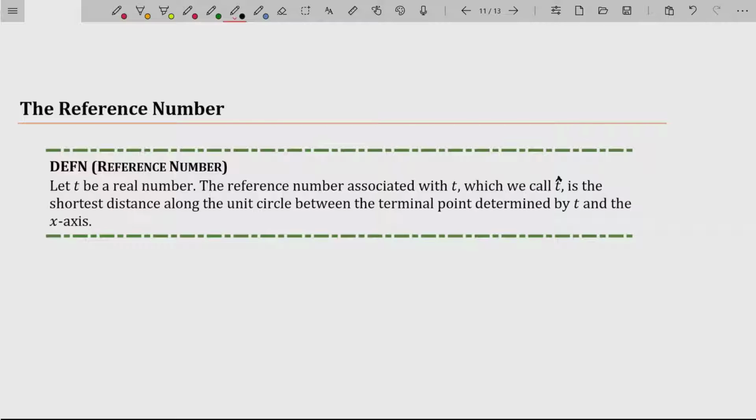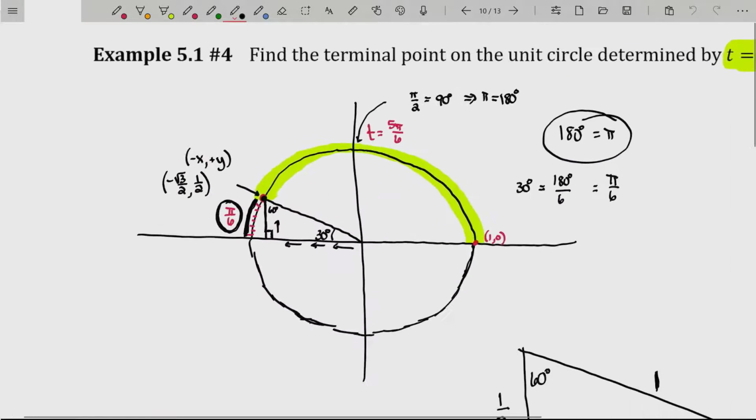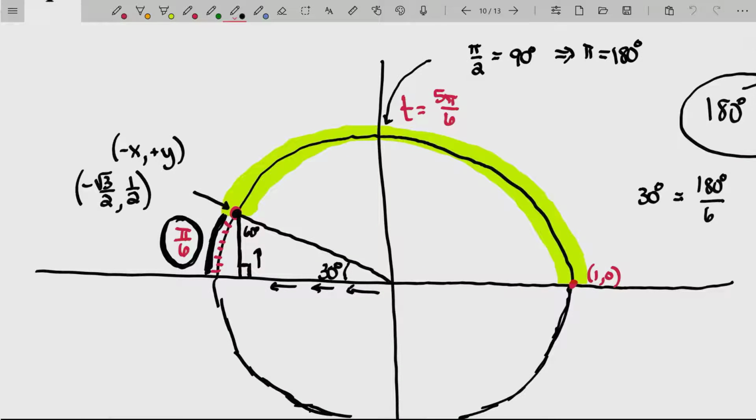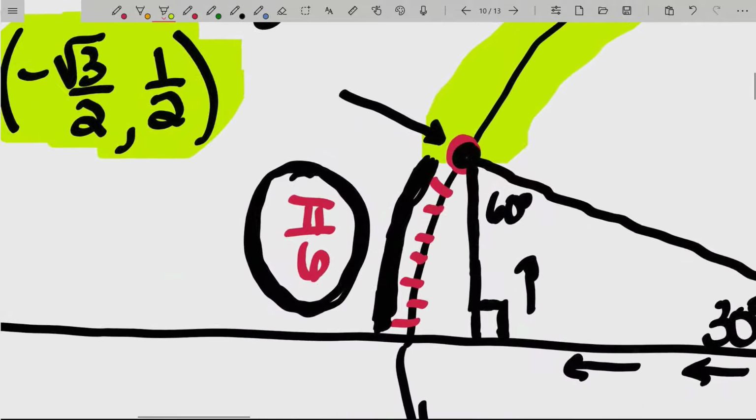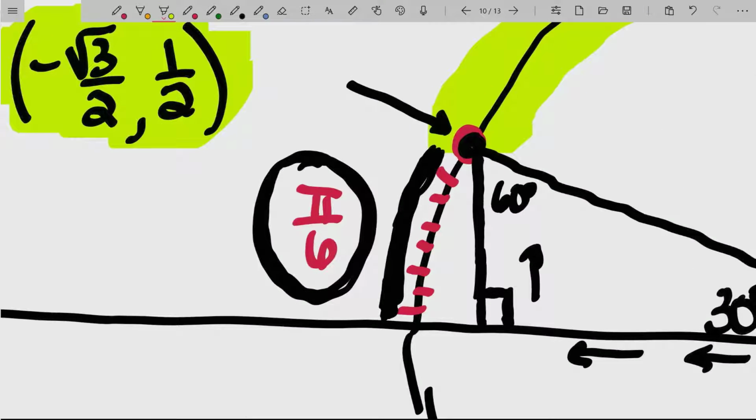I'm going to show that with a previous example, one we finished in the last video. In the last video, we were given an arc length t equals 5 pi over 6. And the terminal point defined by t equals 5 pi over 6 was this point over here, negative root 3 over 2, comma, 1/2. But during the problem, I used this other length called pi over 6.